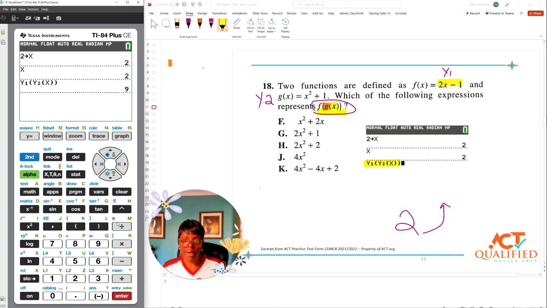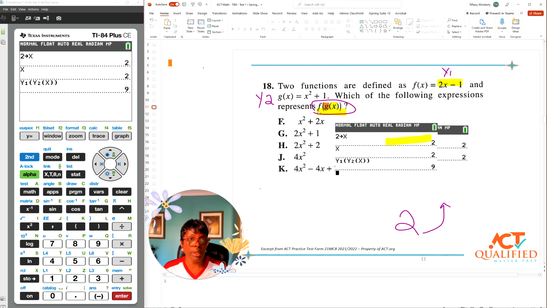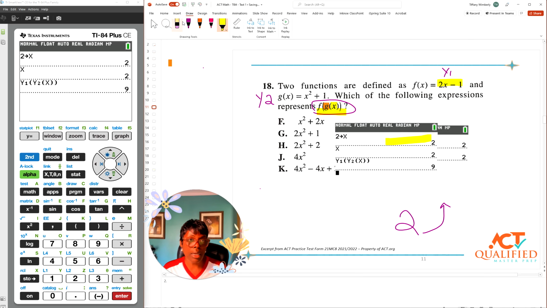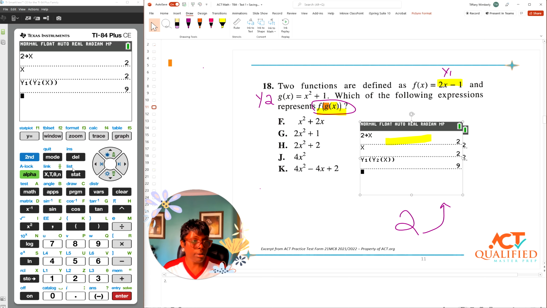Now, just like in the previous problem, we need to use our answer choices to see which particular answer choice will give us the value of 9. That's what we are looking for, the value of 9.